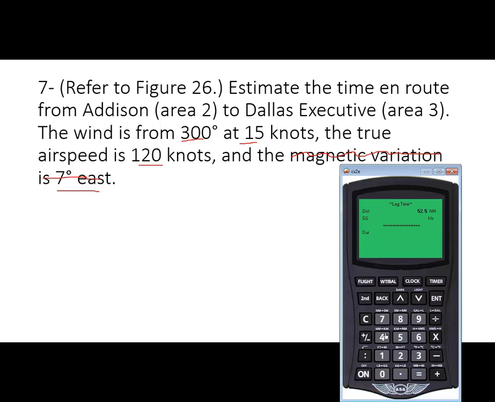When you measure that with the plotter, you find it's going to be 16 and a half nautical miles, depending on how you measure it. We'll call it 16 nautical miles with that ground speed 125. Gives us roughly 7 minutes and 39 seconds is going to be the time it's going to take to get from Addison to Dallas Executive.